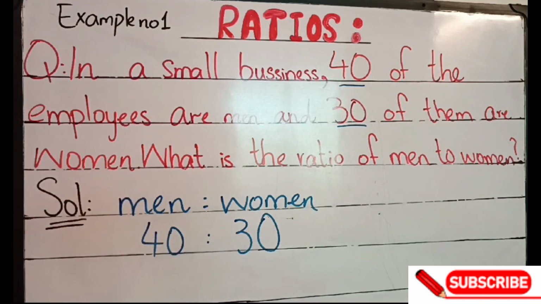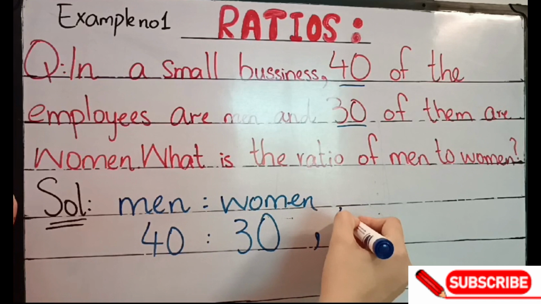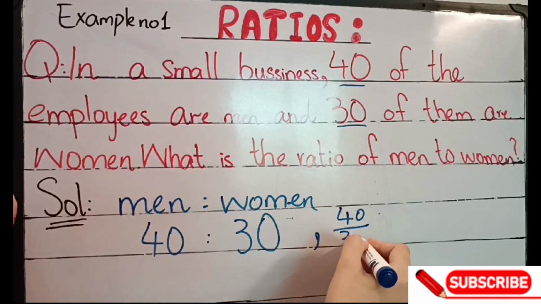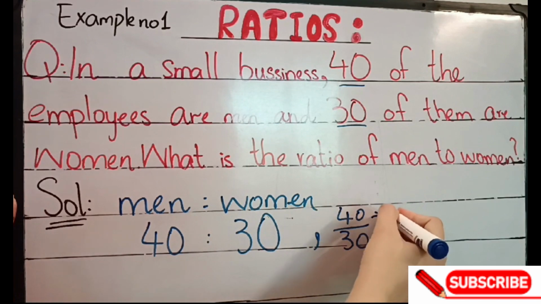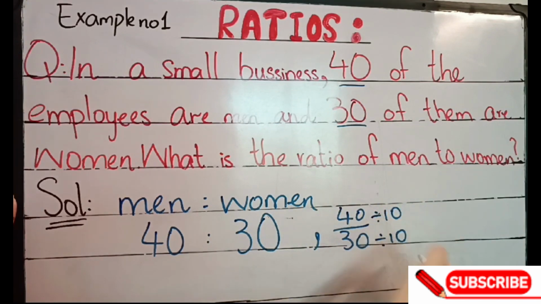Now how are we going to solve it? The easiest way is to write it in fraction form: 40 divided by 30. As we need to simplify, it's really important to write it in fraction form and just simplify it. Now you can see which factor is common between 40 and 30. We can see that 10 is common in both numbers.